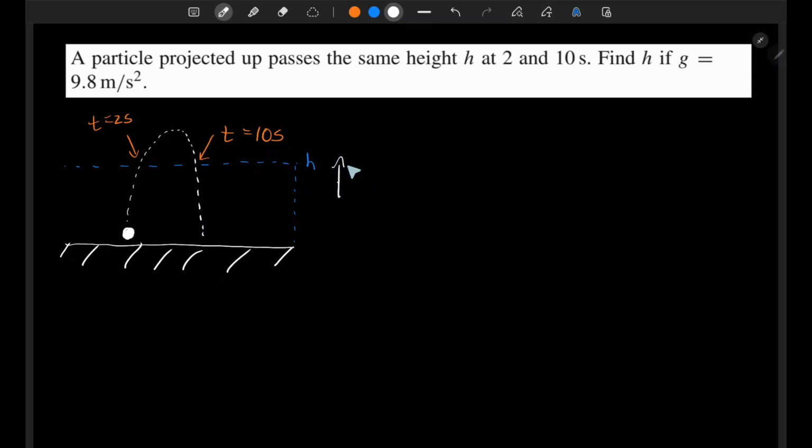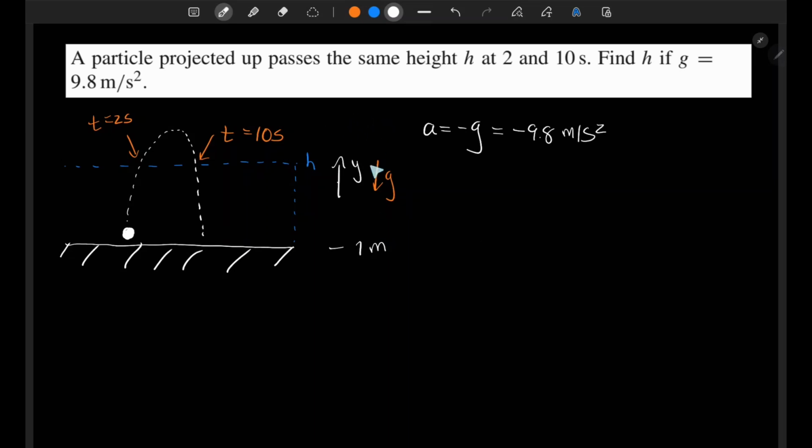Here we'll have this direction as being the positive y direction, which means that g points downwards. So that means that a is equal to negative g, which is equal to negative 9.8 meters per second squared. Just to clarify, if this is 1 meter, up here is higher than 1 meter, some number larger than 1.